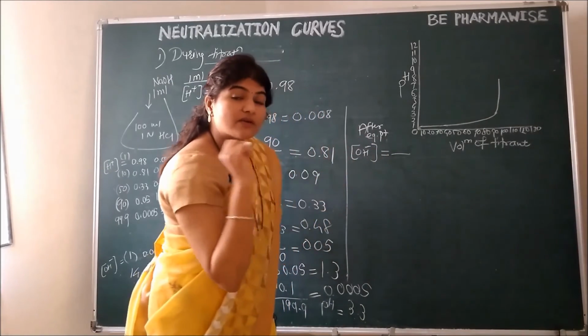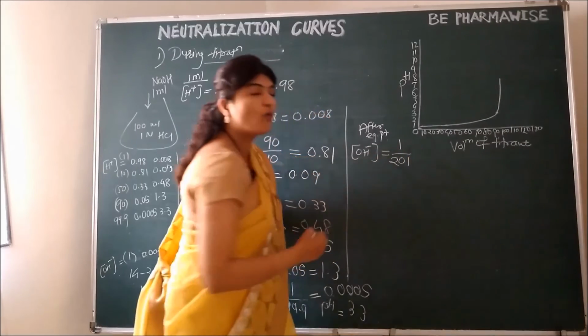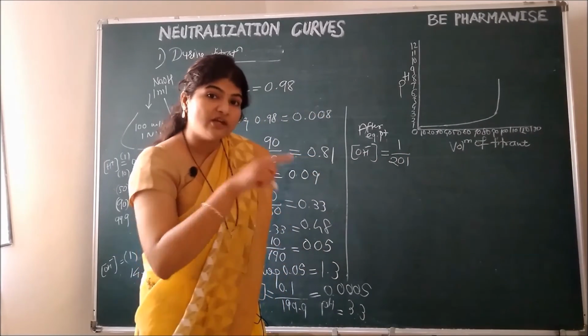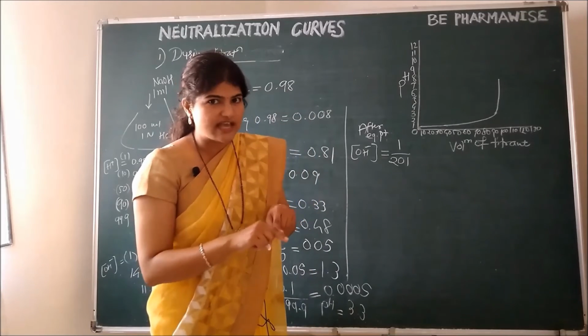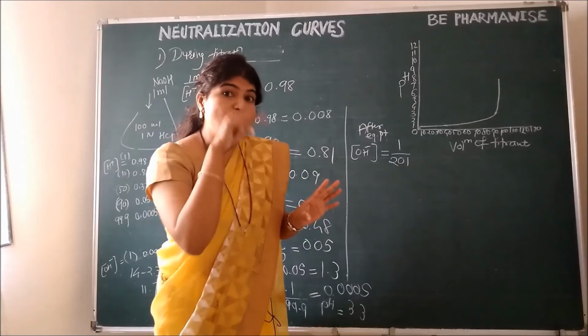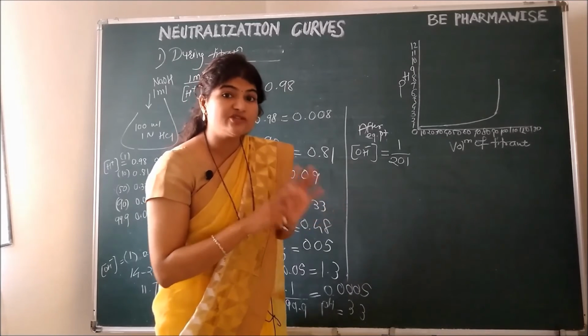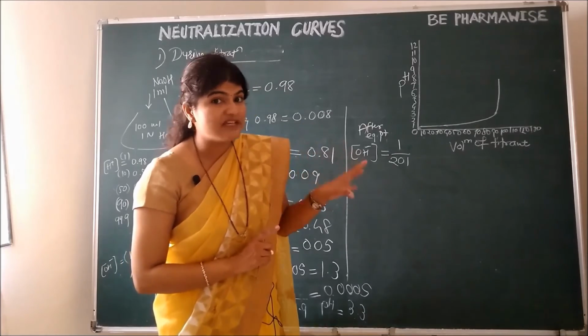It is 1 equivalent of base in 201 ml of total volume, right? 100 ml HCl plus 100 ml NaOH gave you 200 ml. Now you have added 1 more ml of NaOH, so the total volume is 201 ml. Out of that, 1 equivalent is the base concentration.